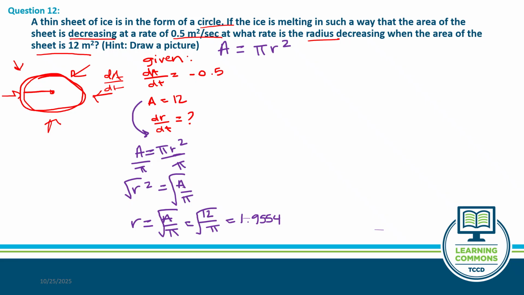I need that for after I derive. I needed to make sure I had r. I'm looking for the rate of the radius changing. I have area, and I have dA dt. So now I need to go in and derive. And I always derive with respect to time.